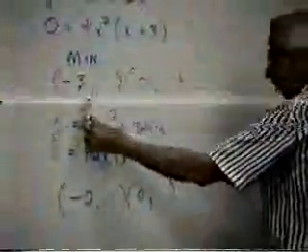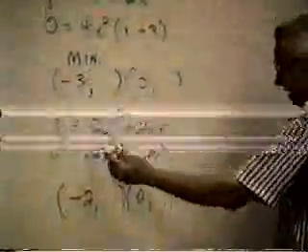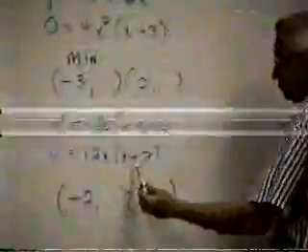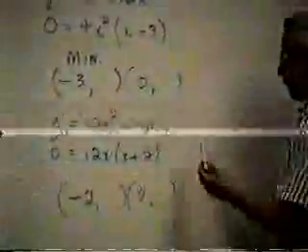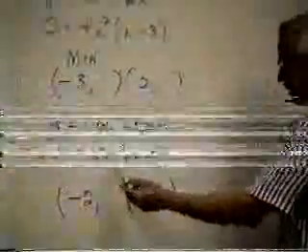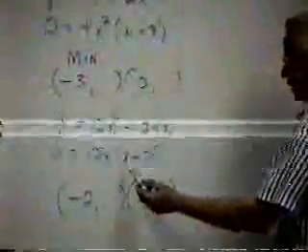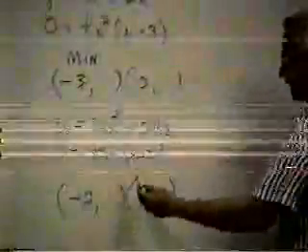Shortcut method: place the value that you found from the first derivative in the second derivative. If it gives you positive, minimum. If it gives you negative, maximum. But look right here. If I put the 0 in the second derivative, I get 0 times 2, which is 0. Test fails. That's not positive, that's not negative.